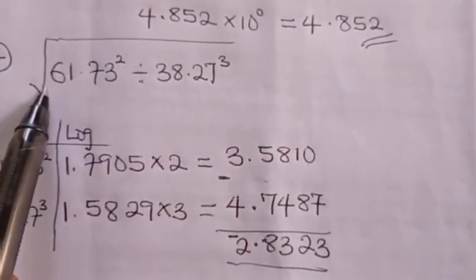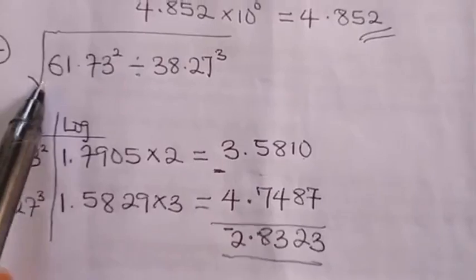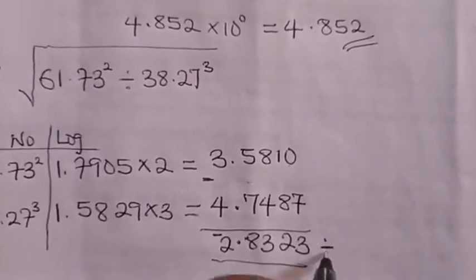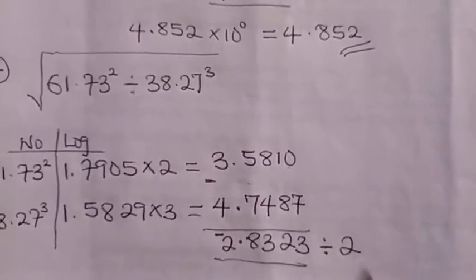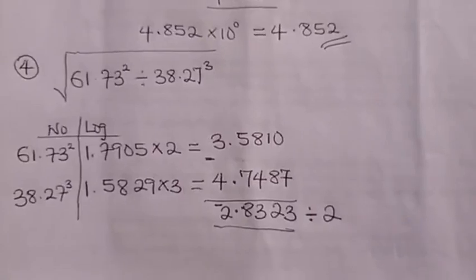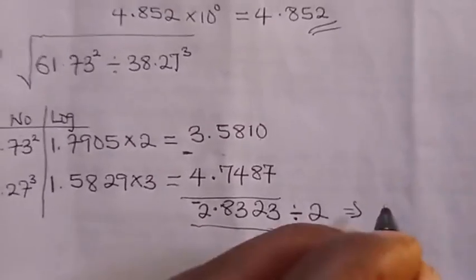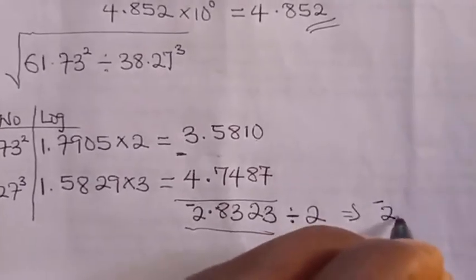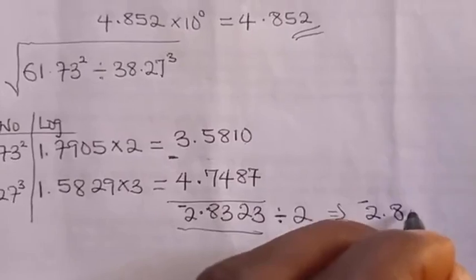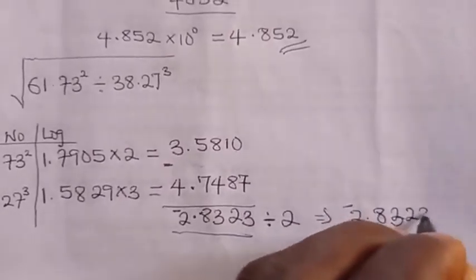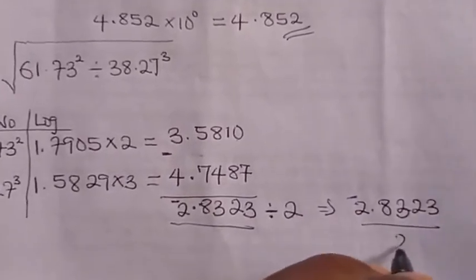And the root that we have here is square root. And for us to apply it, we divide this by 2. That's the value of the square root over there. And that implies bar 2.8323 divided by 2.